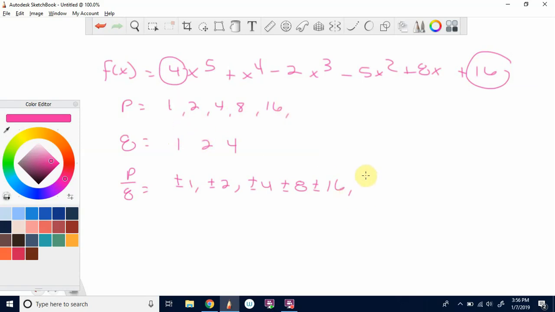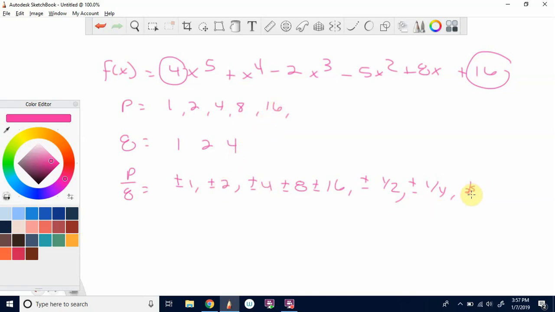Now I'm going to do the next one, plus or minus 1/2, plus or minus 1/4. I'm not going to do 1 over 1 because I already have it here. Now the next one, plus or minus 1/4, which I already have, plus or minus 2/4, which is 1/2, I already have, plus or minus 4 over 4, which is 1, 8 over 4 is 2, I already have that, and 16.